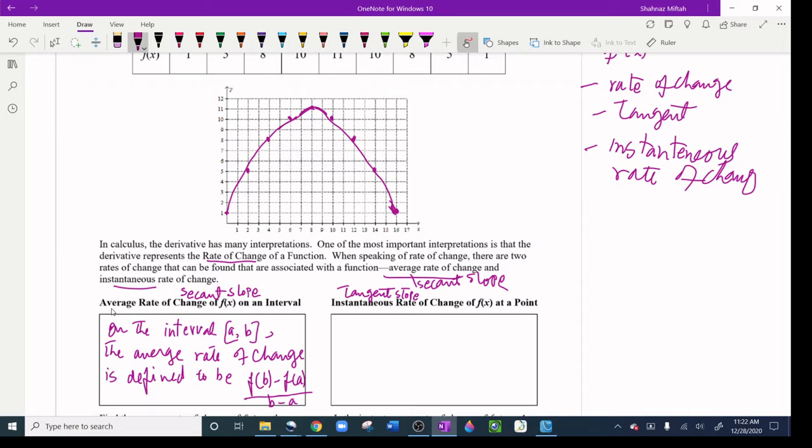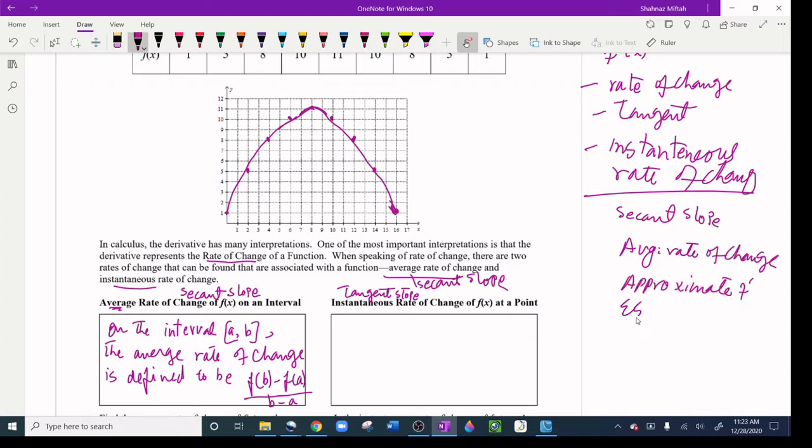What else? And also, if you guys remember, for the secant slope, there are also vocabulary words for it. For example, average rate of change. That's one word, rate of change, that you learned today. And also approximate: when it says approximate f prime or estimate f prime, these are all secant slope.